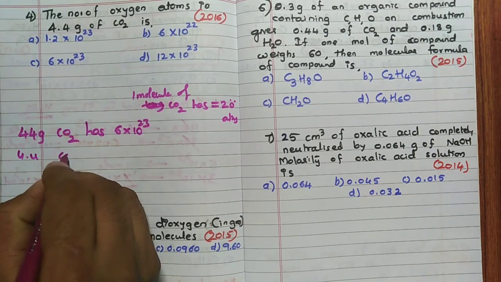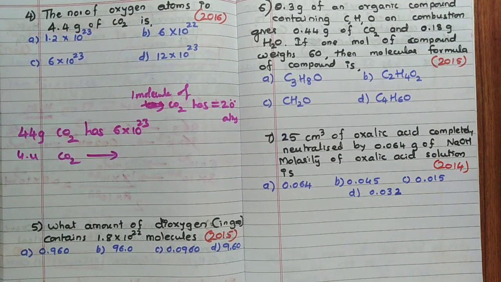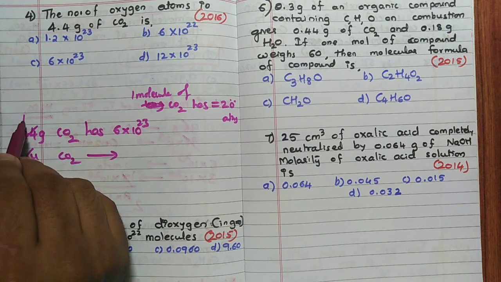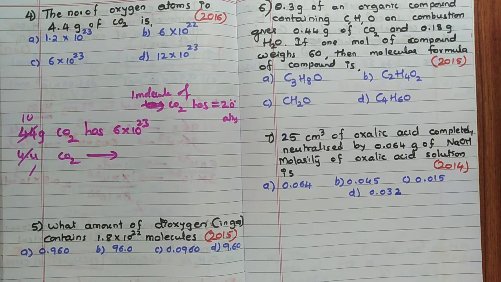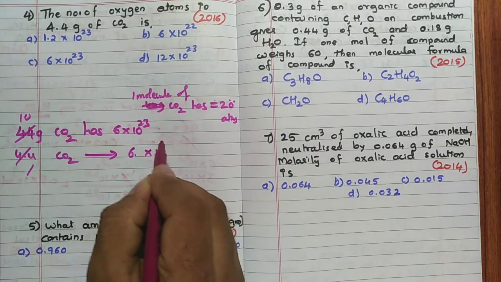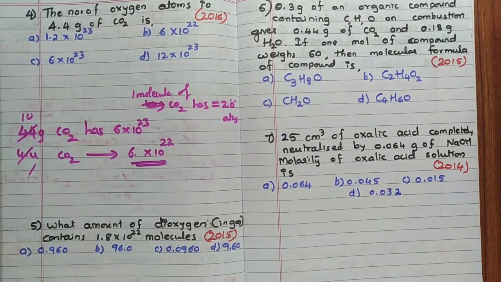Right. 44 gram CO2 has 6 into 10 to the power 23. Then 4.4 gram of CO2 has how much? So calculate. When it is one tenth, remember, in this particular case, the answer will be 6.02 into 10 to the power 22. You got it. Correct? Now next, what?